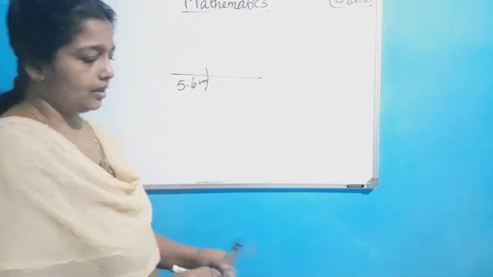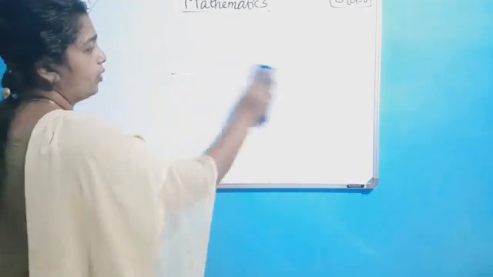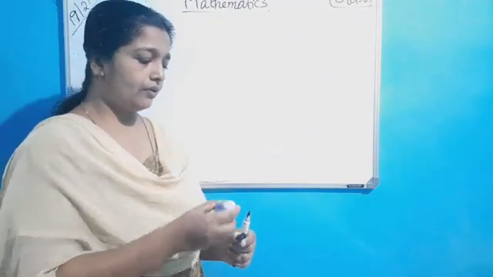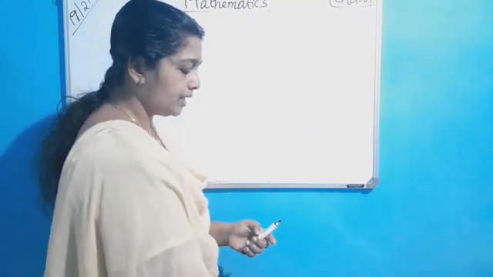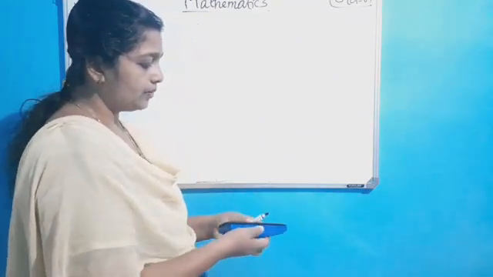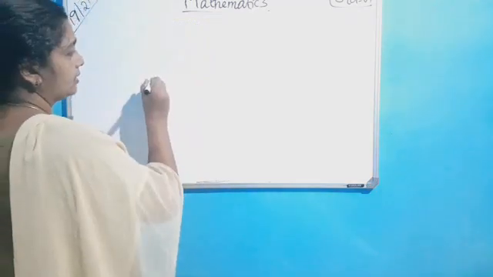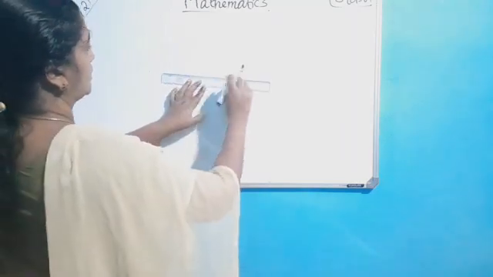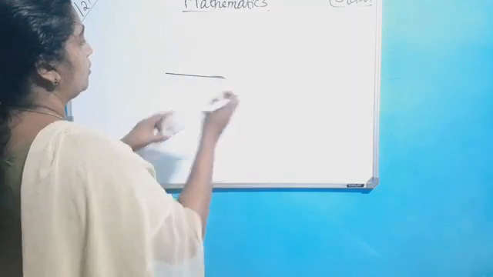Clear? Next one. Construct AB of length 7.8 centimeter. From this cut off AC of length 4.7 centimeter. Measure BC. So a very simple question. How? Construct AB of length 7.8. Using the scale construct 7.8.